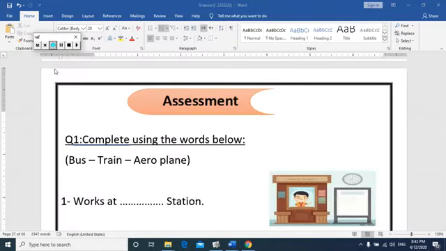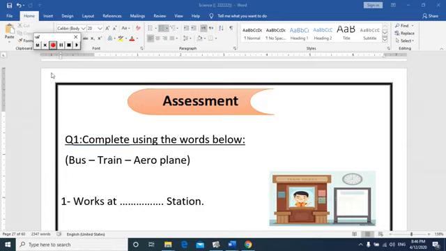And now let's answer our assessment. So open your booklet, page 25, and pay attention. Let's read with each other, then answer. Complete using these words below: bus or train or aeroplane.